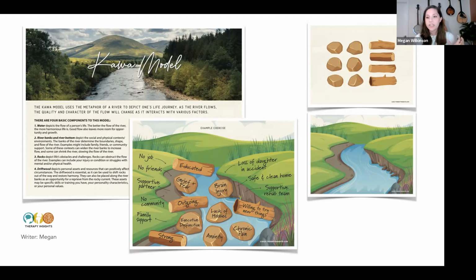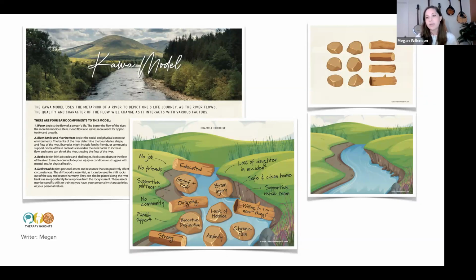It does a really good job of creating that visual image of this stage of life. You're in rehab for this really traumatic experience. There are a lot of barriers, but how can we as therapists help remove some of those barriers, either by widening the banks or taking some of those barriers out of the river, so that life can continue to flow and continue to move forward.